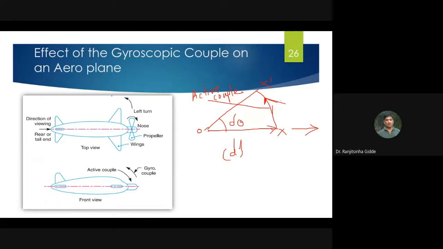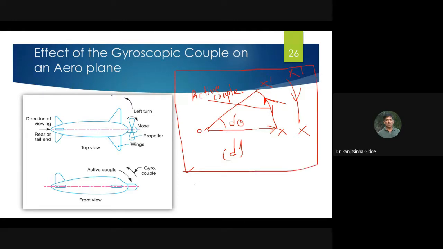This is in top view only, and here we are going to show the active and reactive couple directions. Here I will write X, and here it is X prime. Number of times I am repeating, this is in top view.